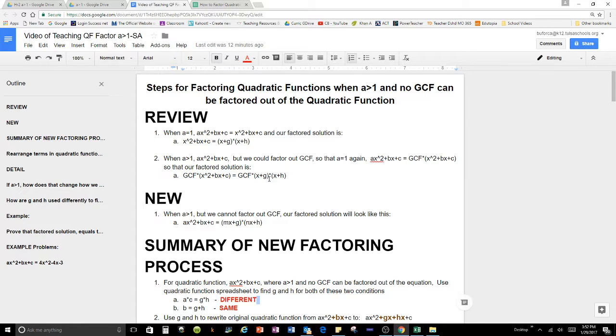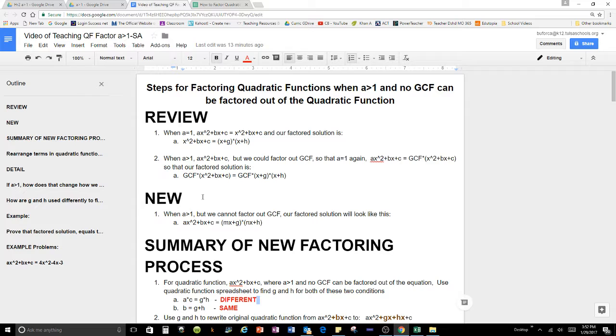And again, to find the g and h values here, g times h has to equal c and g plus h has to equal b. Once we find the g and h where their product is equal to c and their sum is equal to b, we put the g and h in here, and then we go back and get this GCF, multiply this GCF times these two, and that's our factored solution.